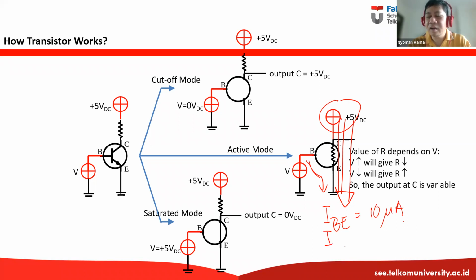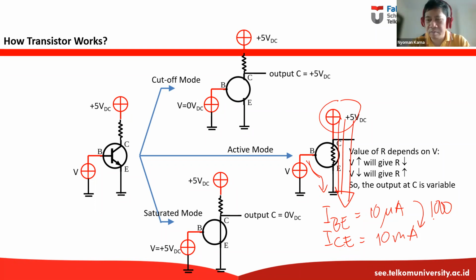Then the current from collector to emitter could be around 10 milliampere. So it's something like 1000 amplification from 10 microampere to become 10 milliampere.